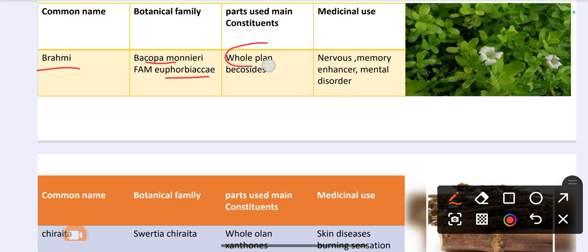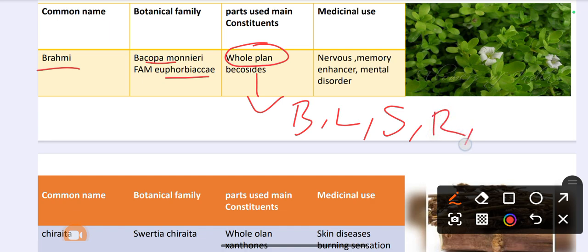The whole plant means bark, leaf, stem, root, flower and seed. What are the medicinal uses of Brahmi? CNS and nervous disorders, memory enhancer and mental disorders. Okay, this is called Brahmi.